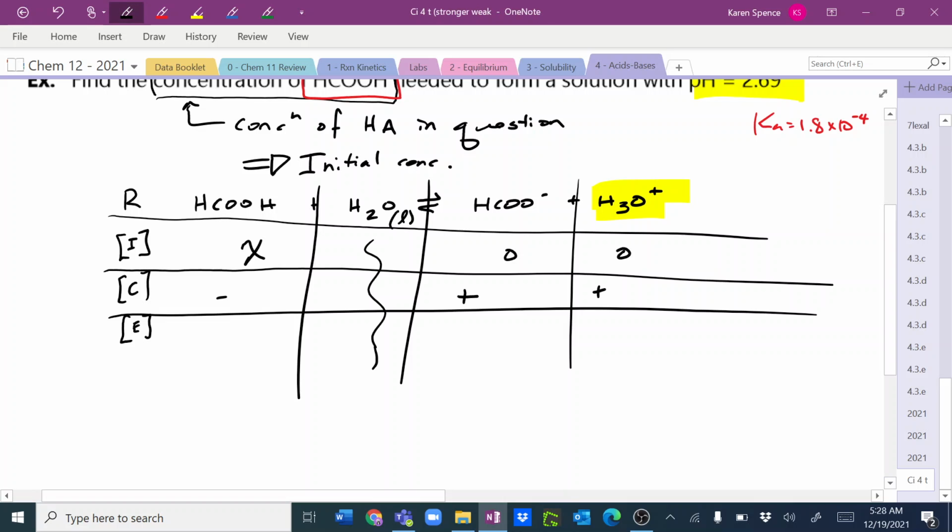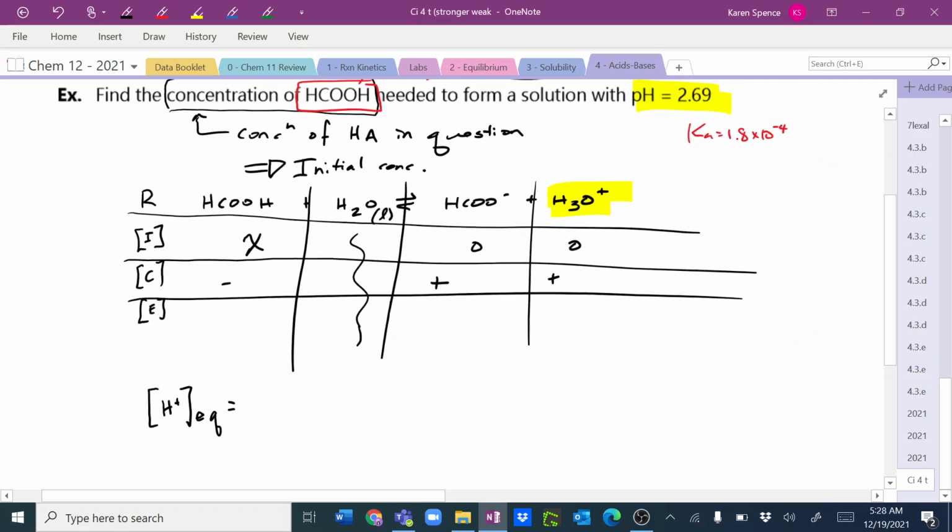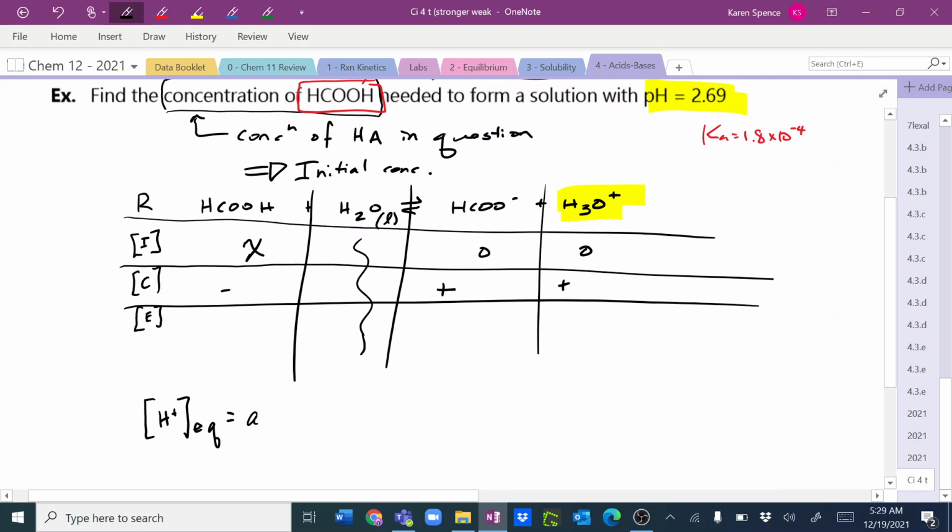So my concentration of H plus at equilibrium is equal to, and hopefully you remember, to find the pH, you take the antilog of the negative pH, or, if you prefer, 10 to the negative pH.